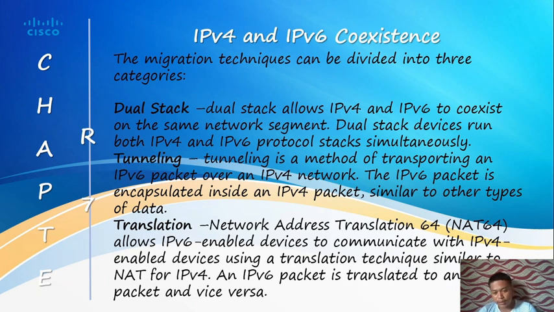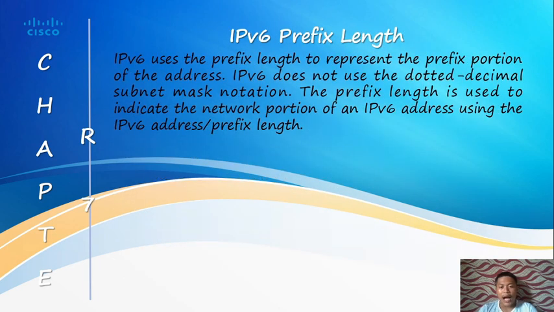Translation. Network Address Translation 64, or NAT64, allows IPv6-enabled devices to communicate with IPv4-enabled devices using a translation technique similar to NAT for IPv4. An IPv6 packet is translated to an IPv4 packet and vice versa. IPv6 prefix length.